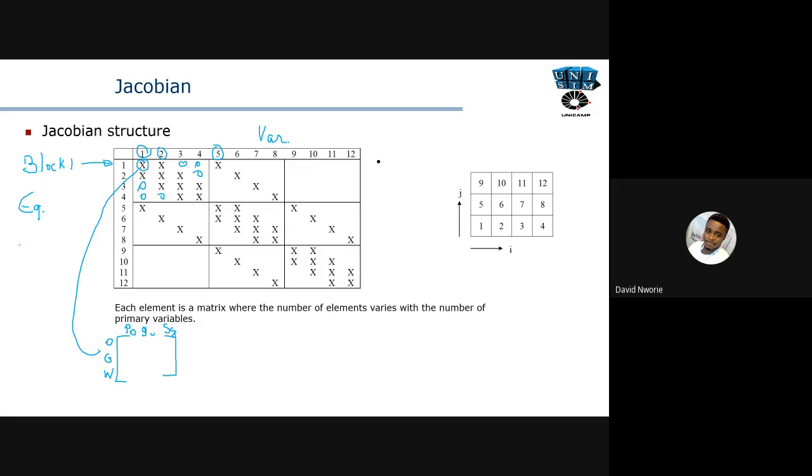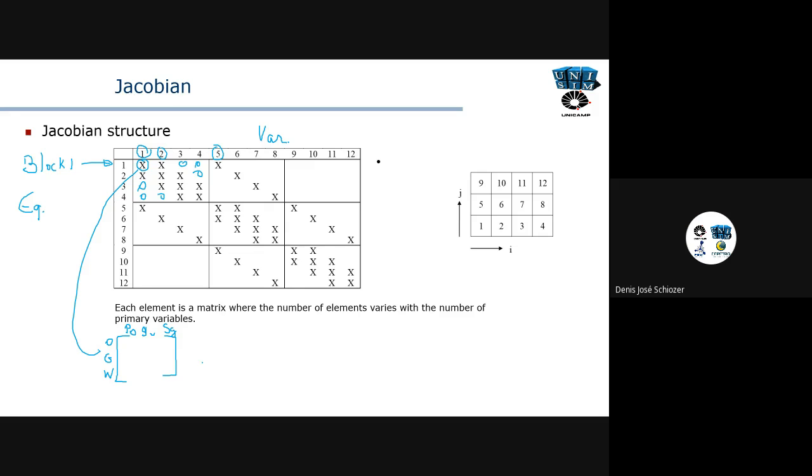We are only looking at the oil component in the oil phase, the gas component in the gas phase, and the gas component in the oil phase, and then the water phase only. I don't know if that answers the question.